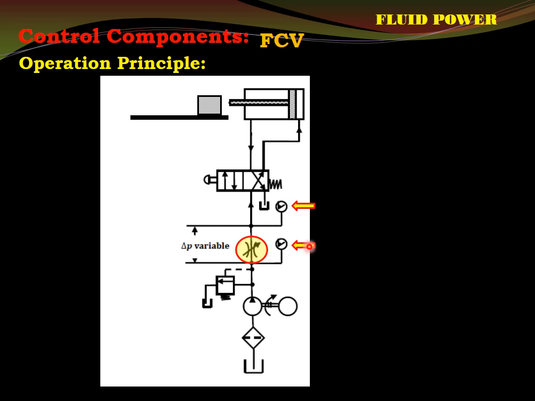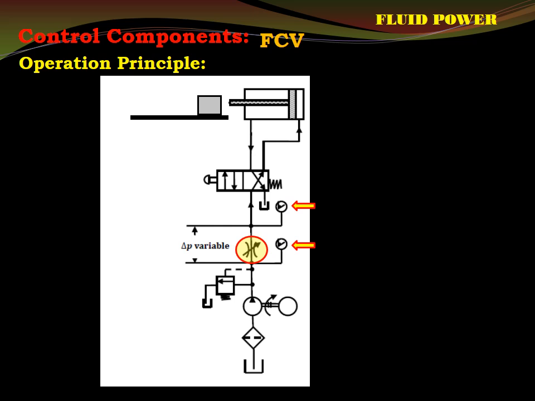This is the upstream one, a pressure gauge fitted at the upstream, and here is a pressure gauge fitted in the downstream. What we are expecting: flow from the pump through the FCV, through this DCV, reaching the blank side, and it will be pushing this piston towards the left.